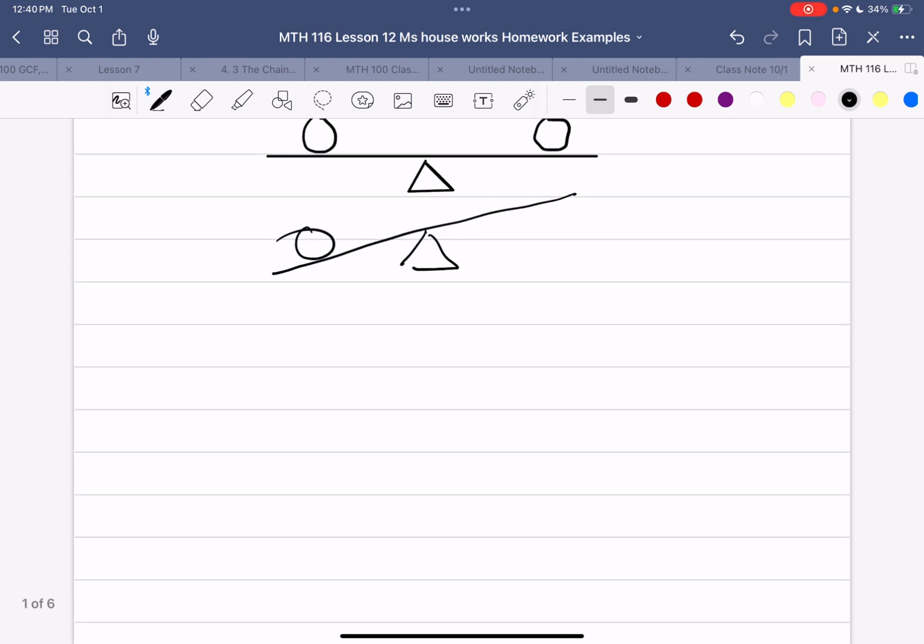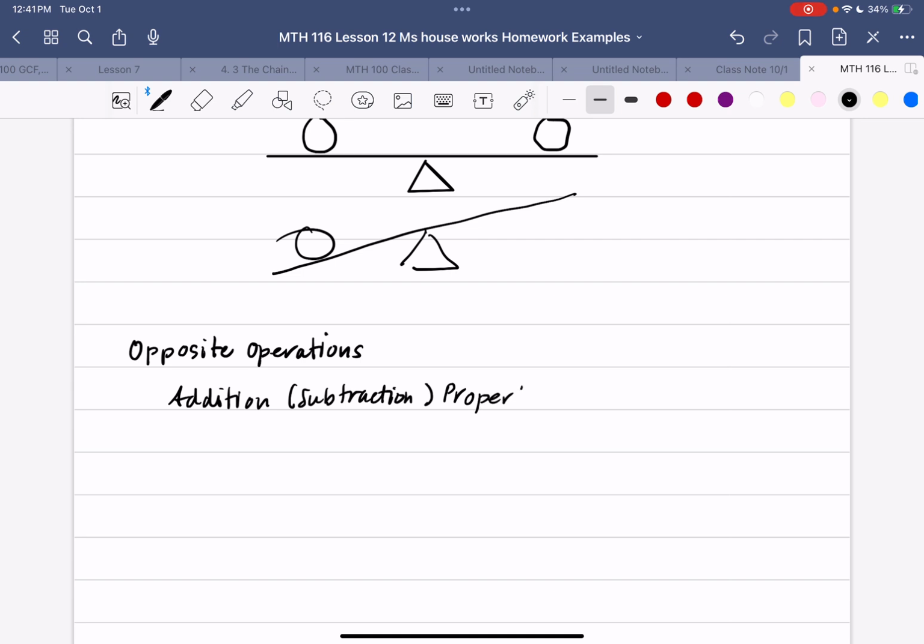Now, what we want to do are opposite operations. Okay? So there's the addition property of equality. And we could also include subtraction with that. Those go together. And it says you can add or subtract any number as long as you do the same thing on both sides.